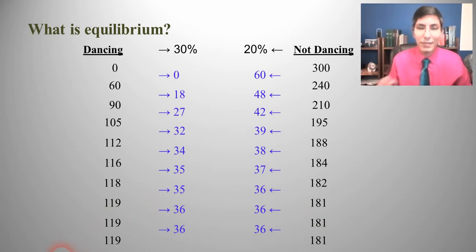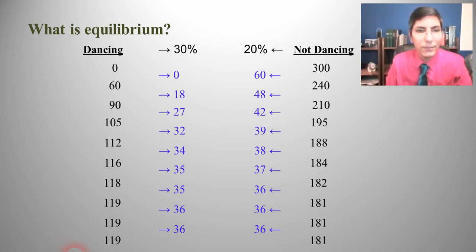A dance floor equilibrium has been established here. So this dance could go on and on till midnight or till the sun rises or later, and we'd still have the same number of people on the dance floor and the same number not on the dance floor, because we're at this equilibrium.